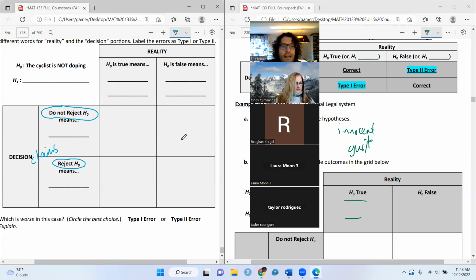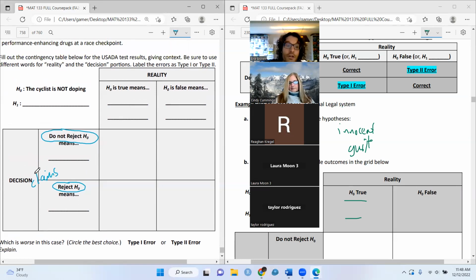Part of what's tricky about this is it's the four things. You're claiming, you have two things you can claim, but then there are two things that can actually be true, and you're trying to match up. Did what we claim match what's true? We're really wanting you to connect how the claim goes with the context, rejecting and not rejecting. When you run through the 6 steps, this is really step 5 and 6 combined.